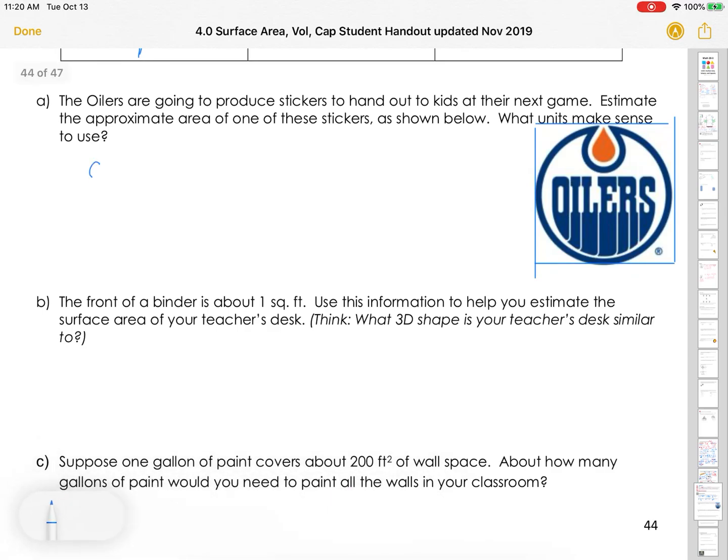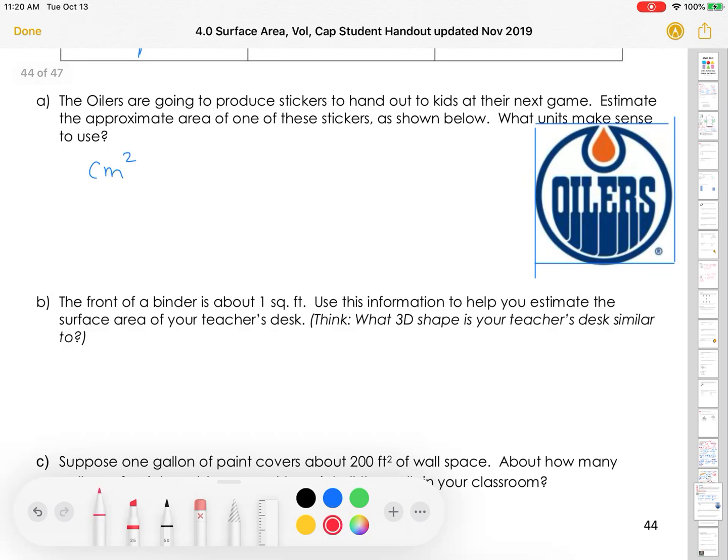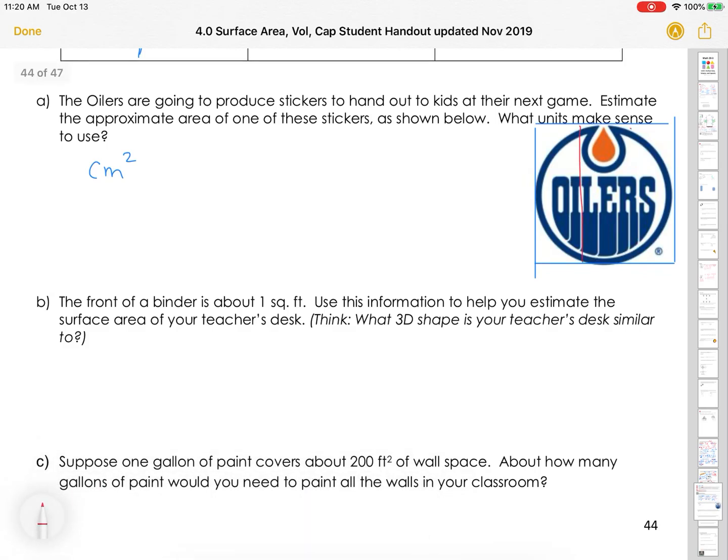When I look at this, I think if it's a sticker and that's about the size, I'd probably want to use centimeters squared. Then I could probably break it into approximately 3 by 3 centimeters squared. So 3 by 3 would be approximately 9 centimeters squared.